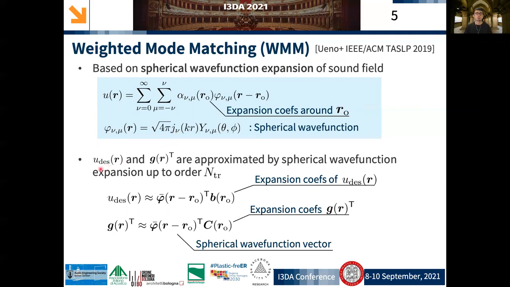The desired sound field U-des and the transfer function vector G are approximated by the spherical wave function expansion up to order N_TR. Here, phi bar is the finite dimensional vector of basis functions, and B and C are the vector and matrix of the expansion coefficients, respectively.